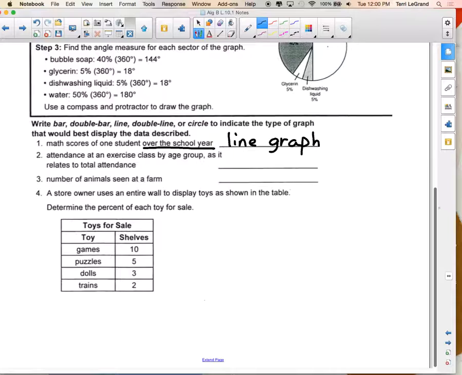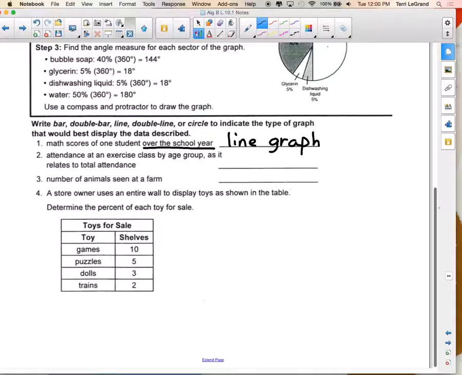We got to talk about what are we comparing? Right, it's total attendance. Age group and total attendance. So we're going to put those two bars beside each other. How many in each age group attend? Wouldn't you just have a single bar, because one would be age and then the attendance on the bottom?